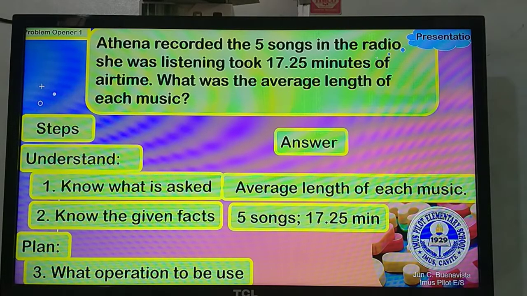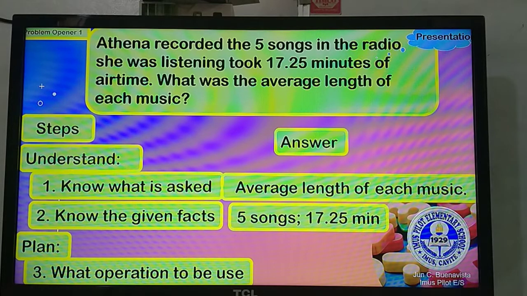All you have to do is look at the clue words that can be found in our problem. So what do you think is the clue word? Okay, very good. The clue word is average. When we say average, you're going to divide, or in other cases, you're going to add the given cases, then divide by the number of cases.